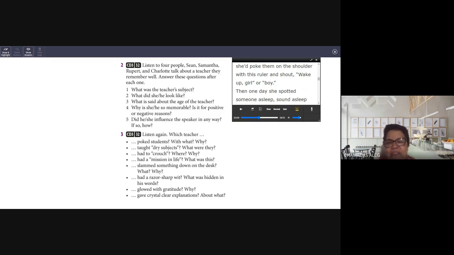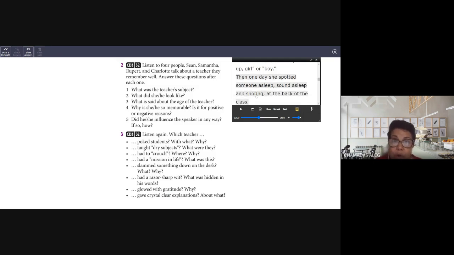That's terrible. Then she describes a situation that happened one day. She spotted someone sleeping, or asleep, sound asleep, snoring at the back of the class. And then she was so furious that she slammed the ruler down on his desk and it broke in half.